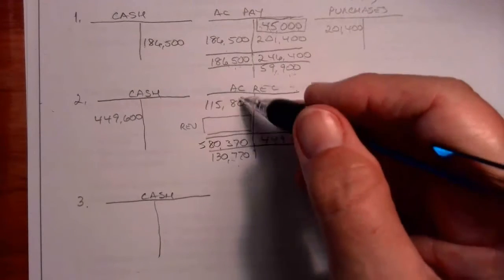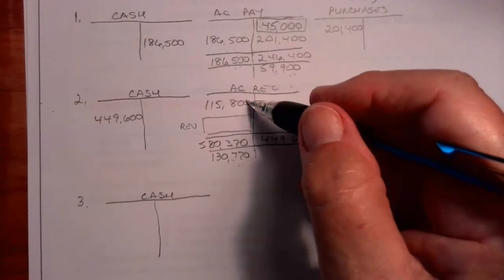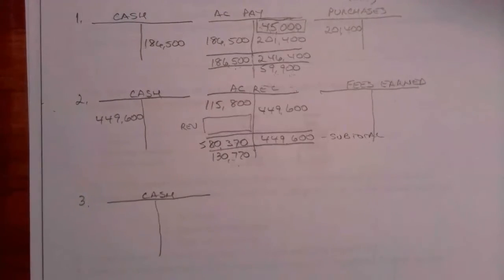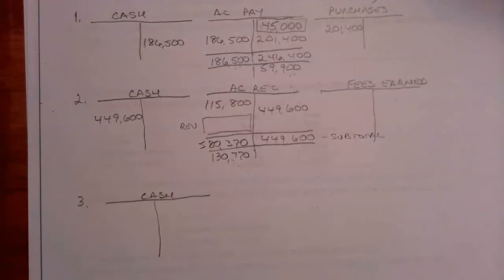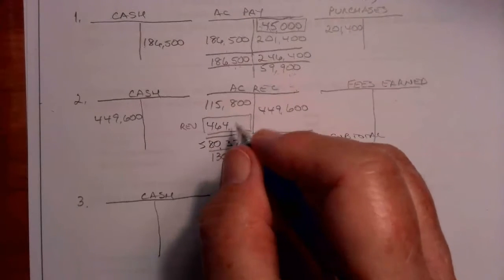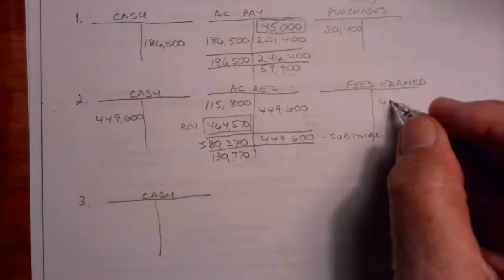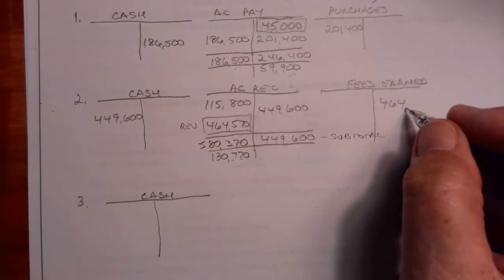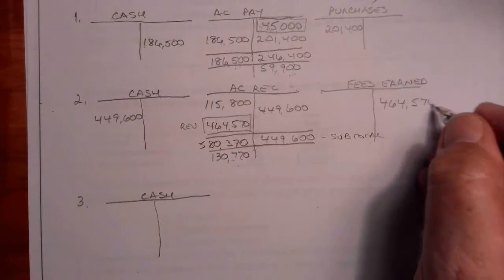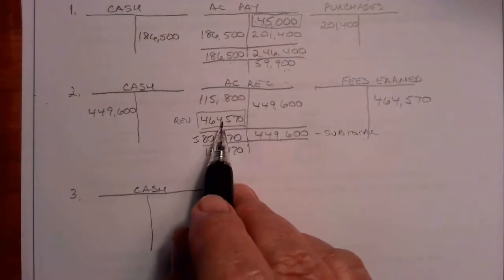Now if these debits have to total 580,370, I would subtract my beginning balance, 115,800, and the amount that I would have billed for revenue was 464,570. So that's your answer right there, 464,570.